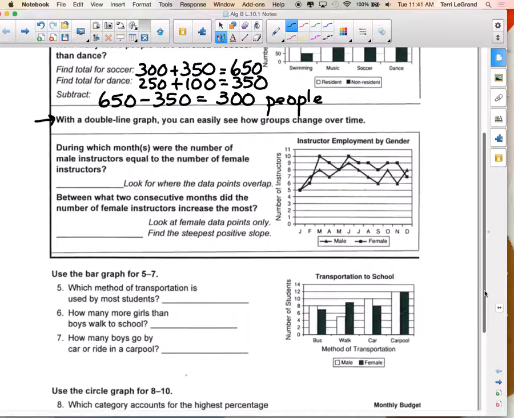And what's going on in the horizontal? What's that? J F M A M J J A S O N D. That's some crazy acronym. Yeah, months, because it says change over time, right?